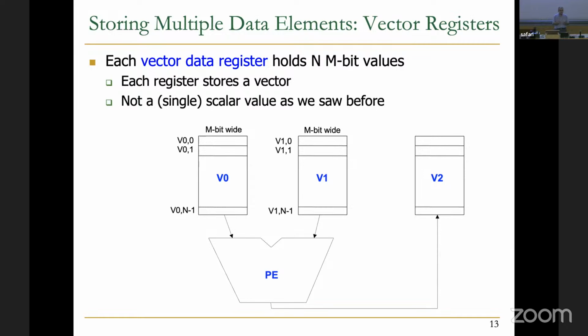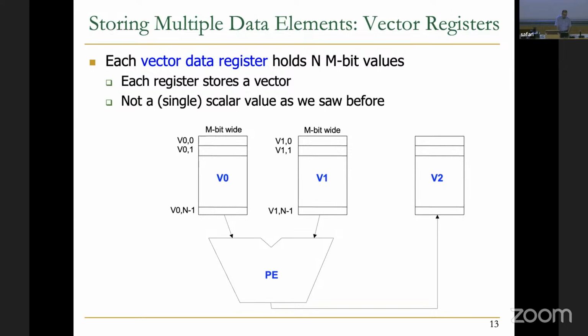A vector, I think you know what it is, right? It's an array of elements. So you have multiple elements, and when you load this array to your system, you should be able to load it to different register elements. So your register file, your register, is going to be much bigger. That's the definition of vector data register.